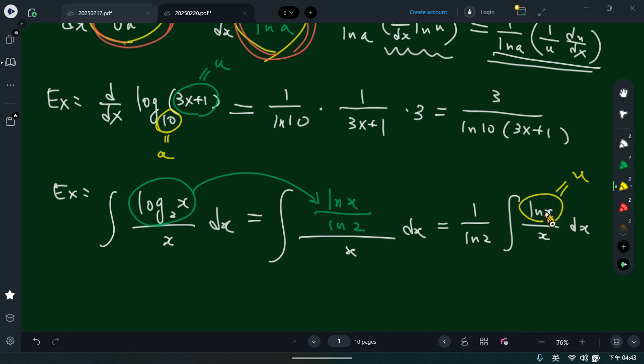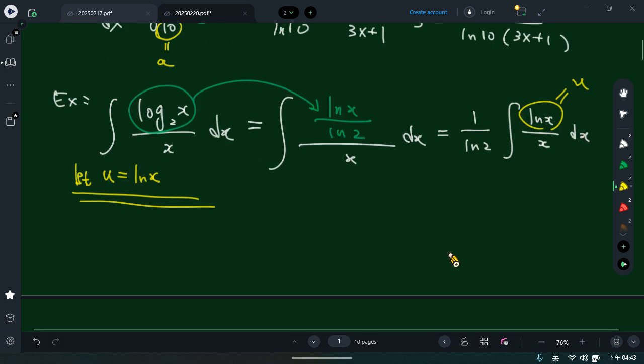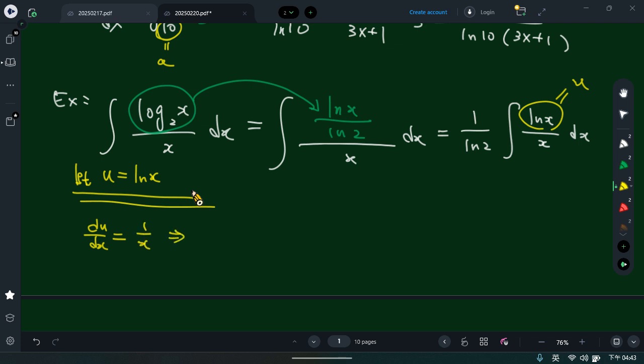Then, okay, so let's just let u be ln x. Then just remember when we just use substitution, once you just assign u to be ln x, remember calculate du over dx immediately, that will be 1 over x, so that we can have 1 over x dx is equal to du.